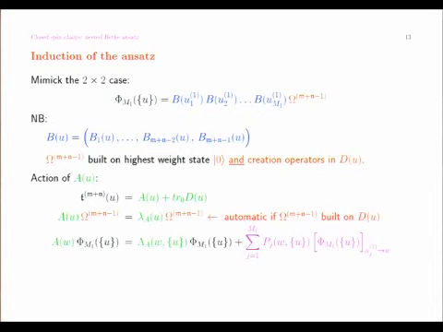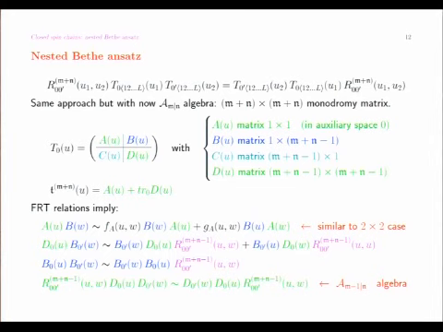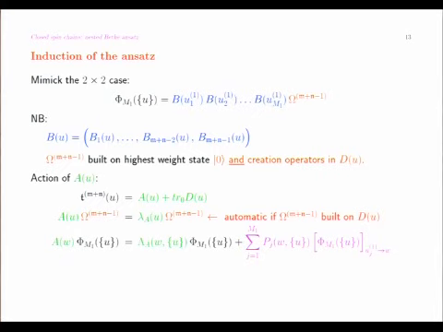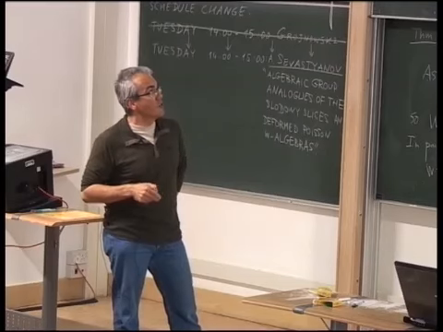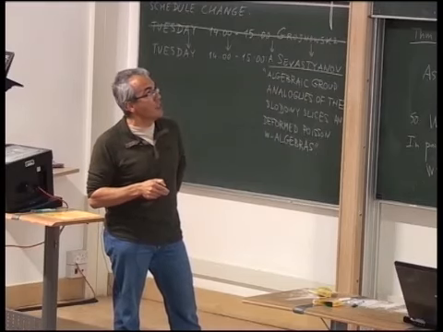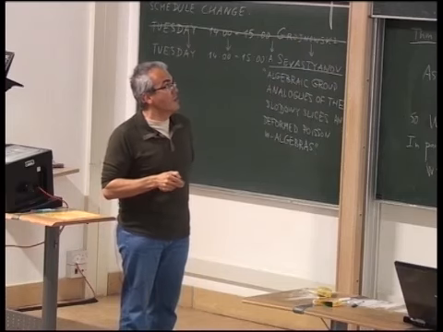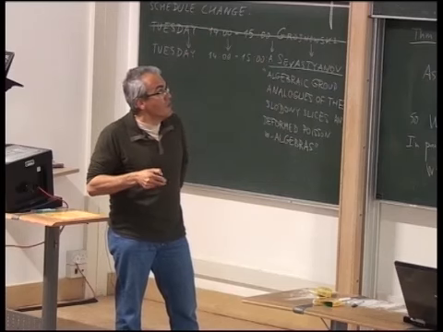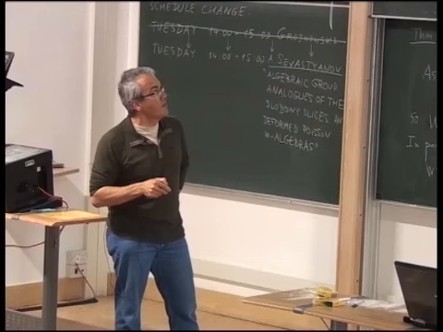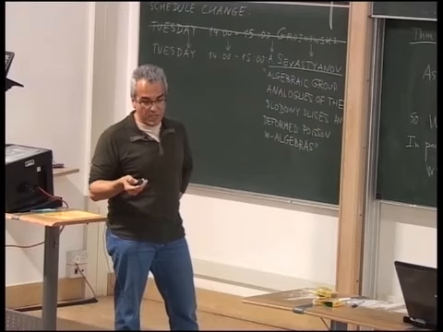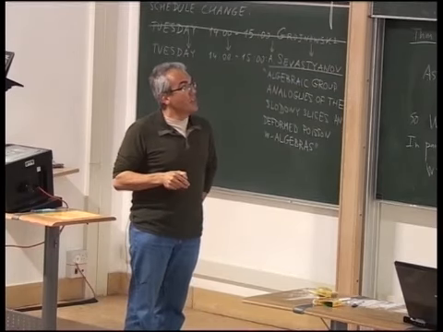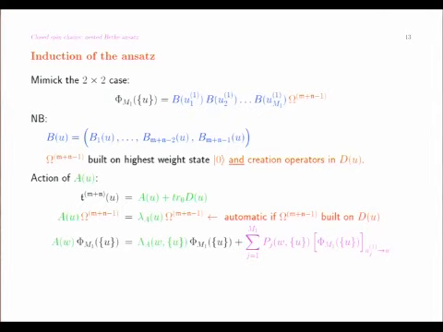Also, since D now is a matrix, you have creation operators hidden inside D. So if you write something like that, you're losing a lot of creation operators. So you just assume that they are hidden in this omega vector that you don't know, except that it is built from a highest weight state of the algebra A_{m,n} you started with, and the creation operators hidden in the matrix D.